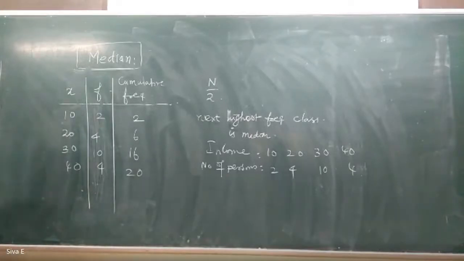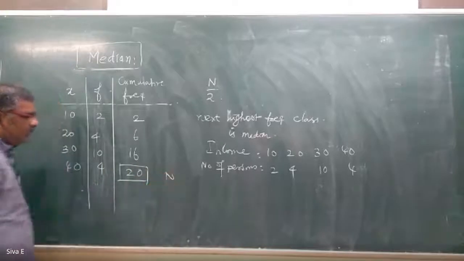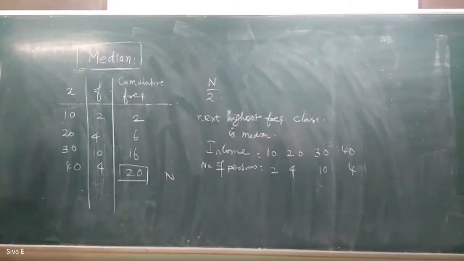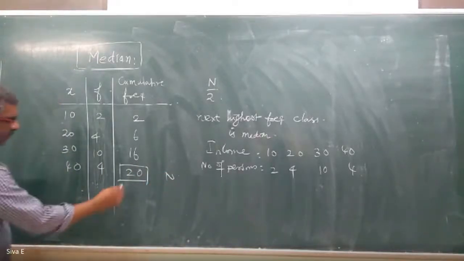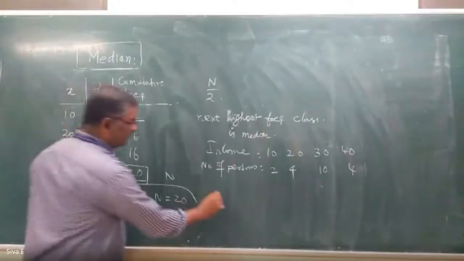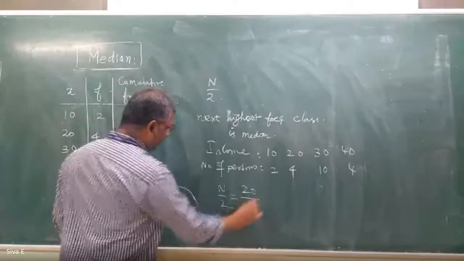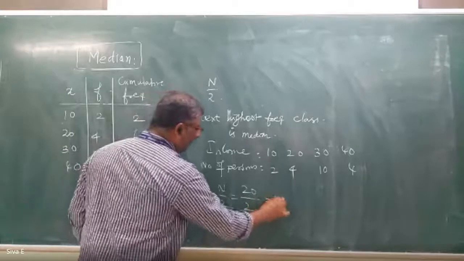Now, after finding that 20, the last value is n. That is summation of f. Now you have to find that n by 2th item. N by 2 is 20 by 2 equal to 10.